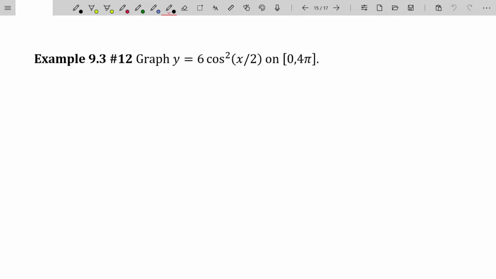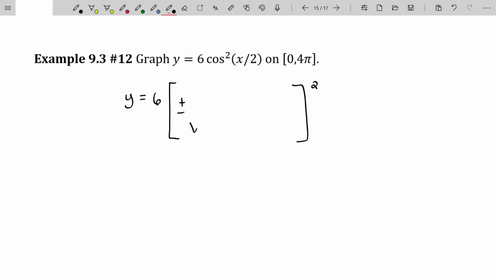As a final example in this video, we're asked to graph this cosine function. And it's a cosine squared, in fact. And as I mentioned in a previous video, you don't know how to graph a cosine squared. So a trig identity has to be used. Well, in this case, because you see that x over 2, you should note, oh, that's a half angle identity. So that's going to be y is equal to 6 times the half angle of cosine squared.